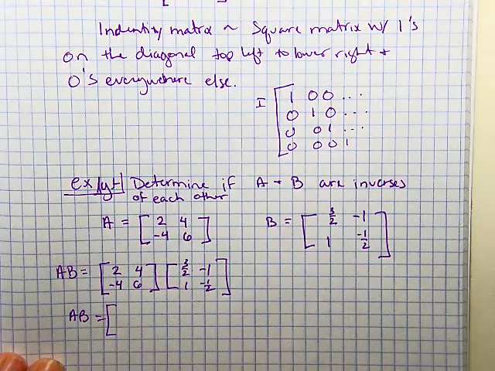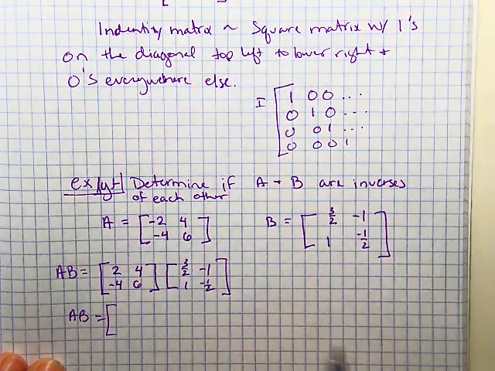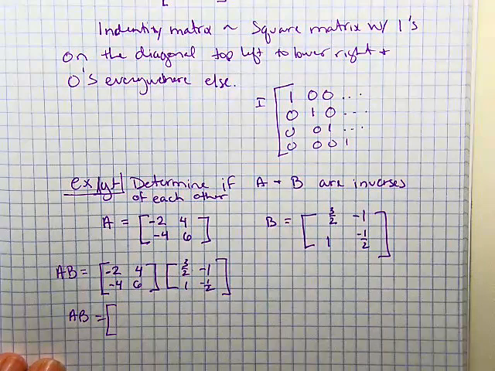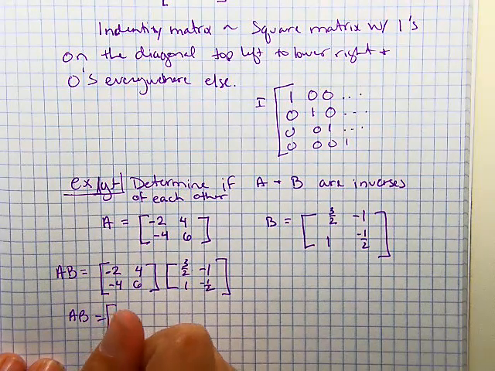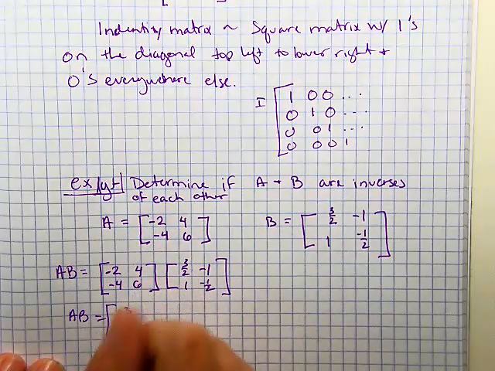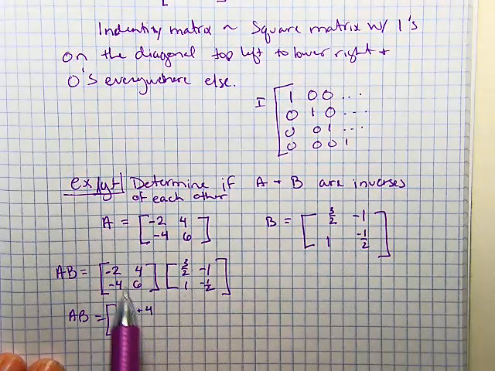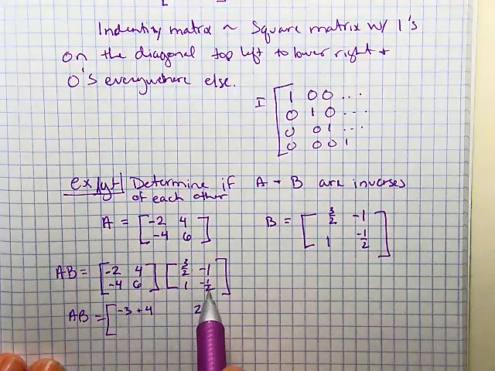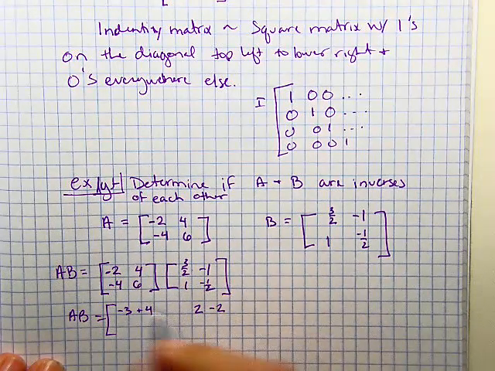Oh, guys, bad. Well, not really bad, but it should be -2. So make that change. -2 times 3 halves, that would be -3. And then row into column plus 4. And now I'll do -2 times -1, that'll be 2. 4 times -1/2, minus 2.